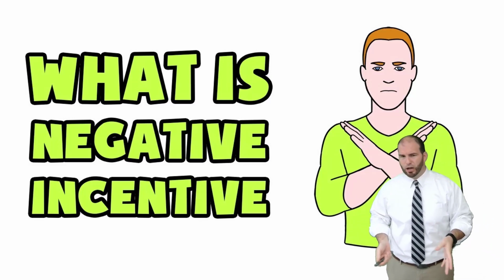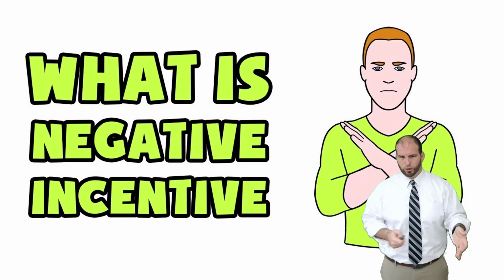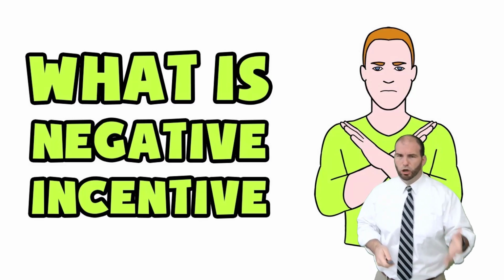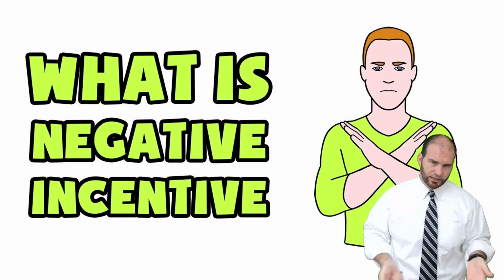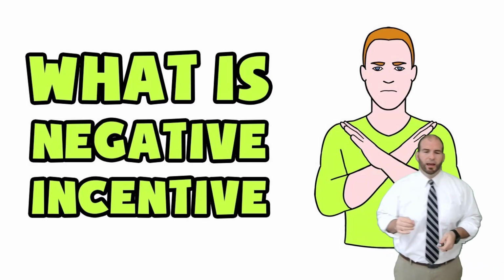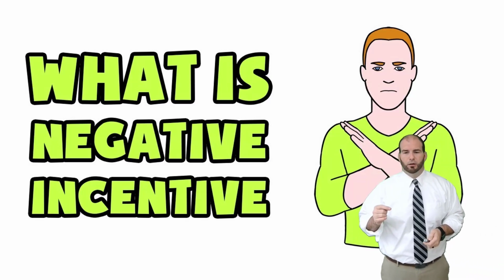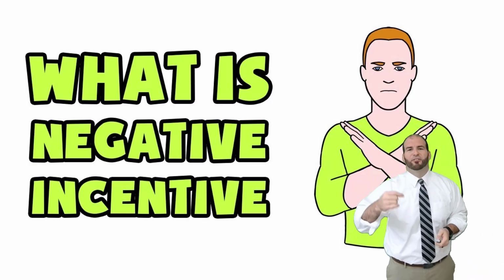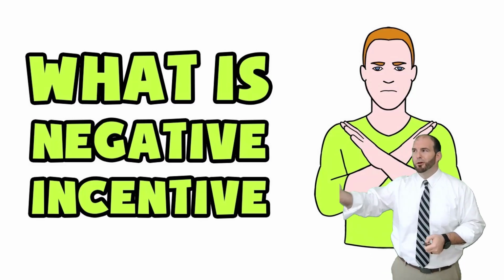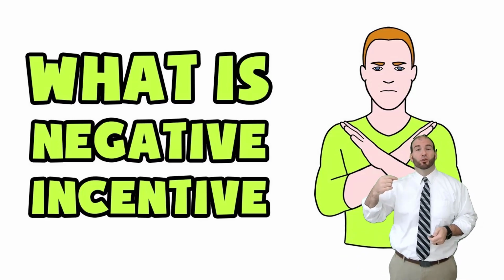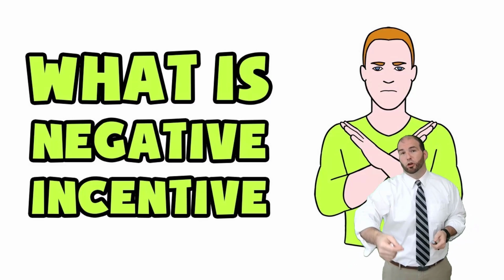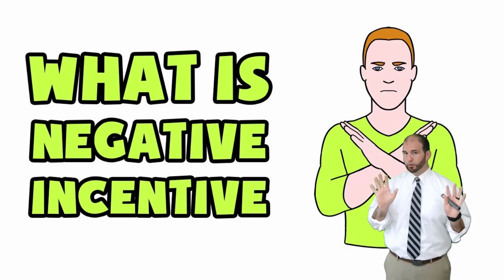Now, the terminology here is a little weird, because the official terminology for a negative incentive is that there's a lot of times a financial penalty if you don't do what the government wants you to do, but it's not compulsory.